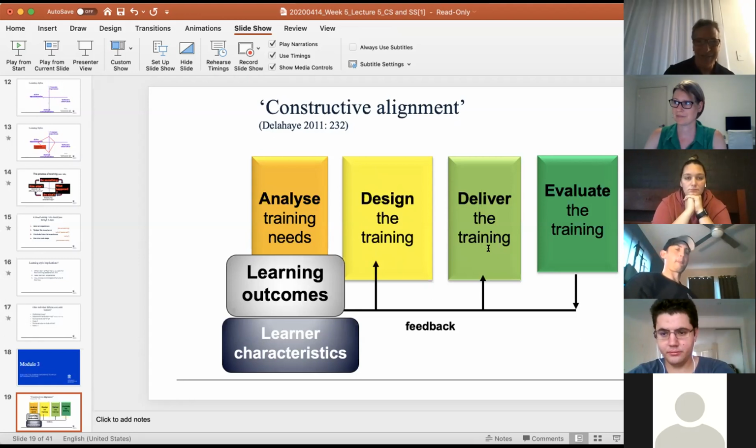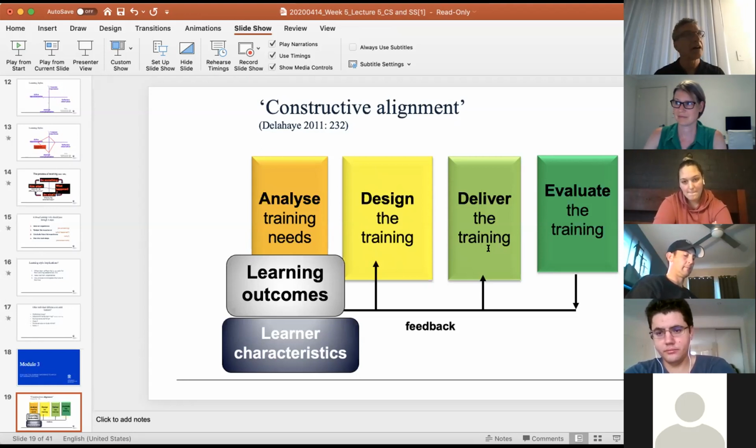Those that did Management 311 last semester would remember that at the beginning of lecture 1, and again maybe at the end in lecture 13, I talked about how one of the learning outcomes in that subject was for students to be able to do a comprehensive discussion or assessment of the change management literature.